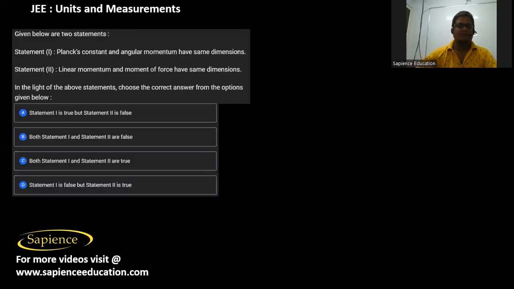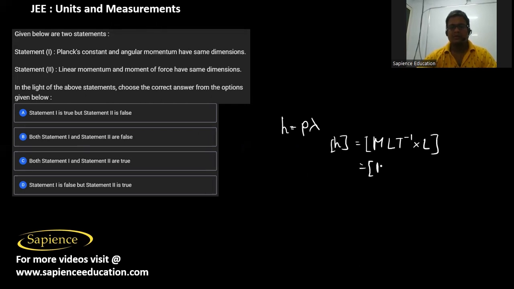So here it is told Planck's constant and angular momentum have the same dimensions. Planck's constant: lambda is h by p, so h equals p into lambda. So the dimension of Planck's constant is momentum into wavelength. Momentum is mass into velocity, times length, so that is M L square T power minus 1.